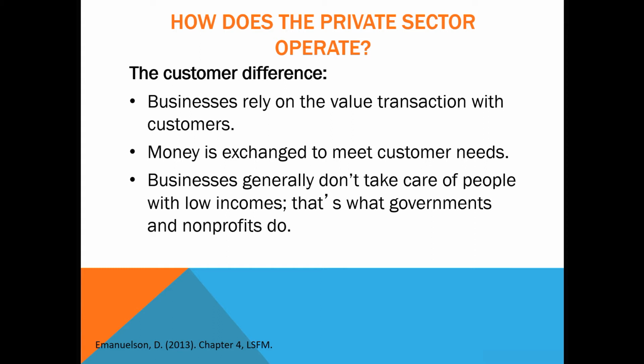Money is exchanged, and in some way it hopefully has to meet the customer's needs, or they wouldn't be purchasing it. The customers have a choice of whether to purchase. And also, in the private sector, businesses generally don't have a target market of people who are in low income. That's more what governments and not-for-profits focus on.